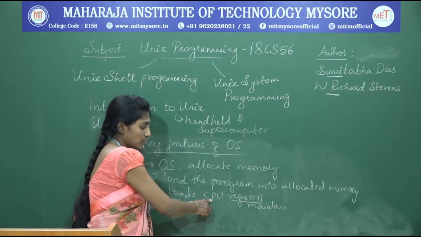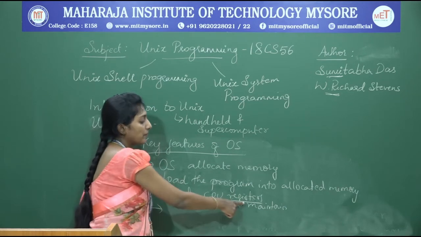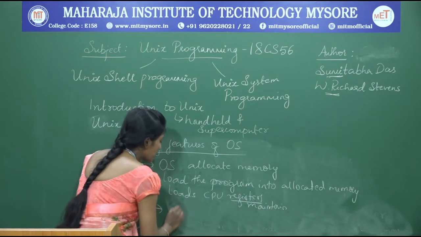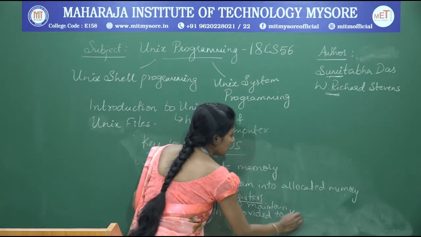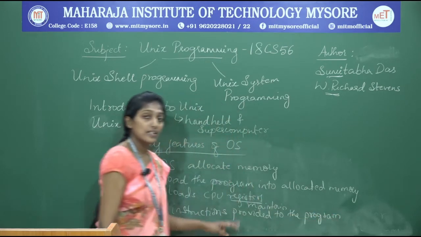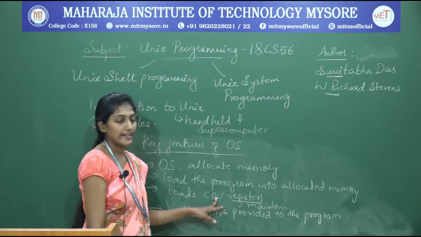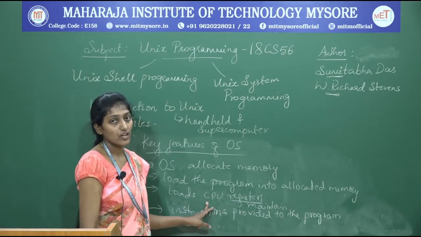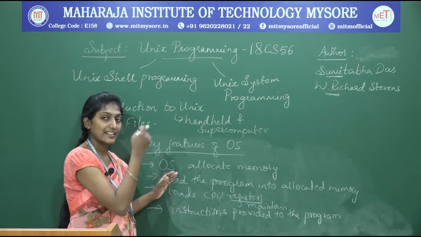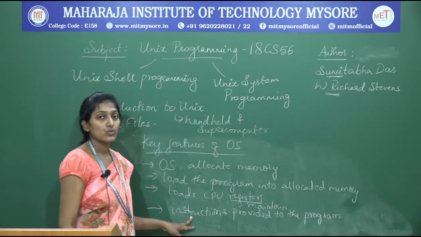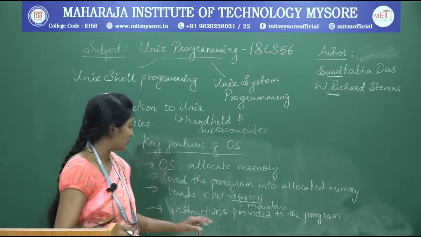As I said, the CPU registers hold the control information related to the program you have allocated into memory. Next, the instructions provided to the program get executed by the CPU, and it also keeps track of the last execution time, so that in the future, if the user wants to execute the same program with some modification, that can be done using the CPU.